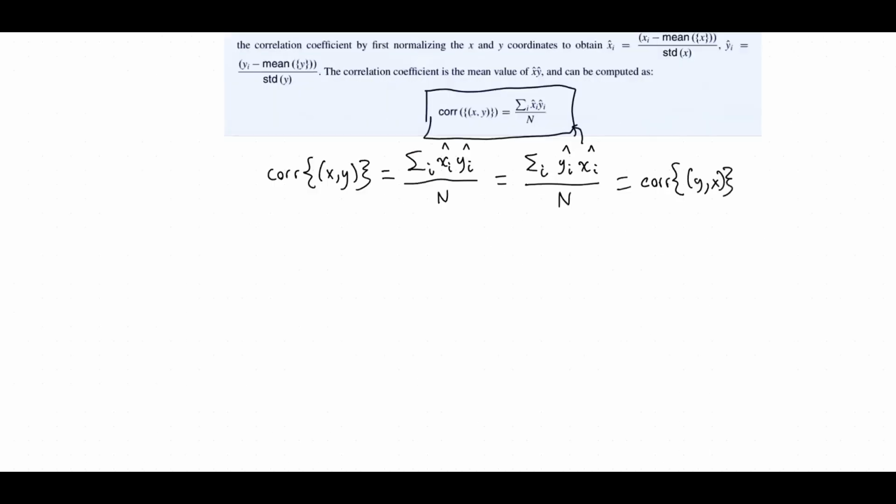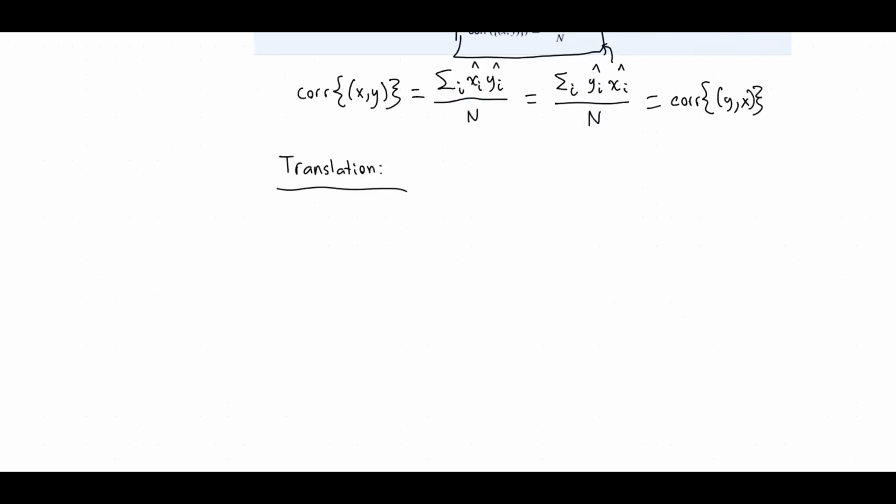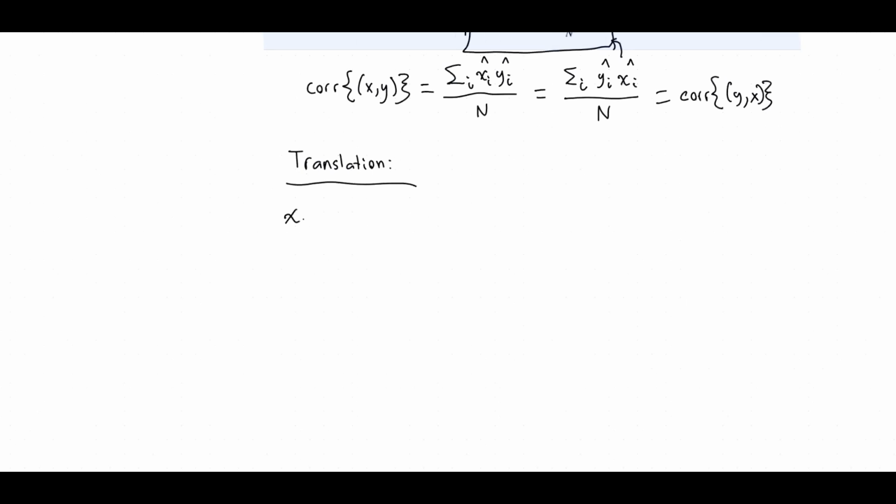So if we are translating this data set, what are we doing? So we're taking some x. So let's set x equal the data set 4, 7, let's see, what'll be a good number?